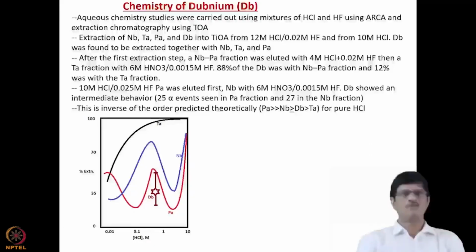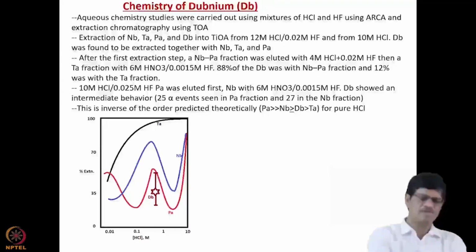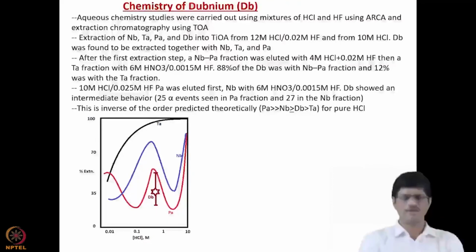That is, around 25 alpha events were seen with the protactinium fraction and 27 with the niobium fraction. So whatever trend is seen from this experiment, it doesn't match what has been theoretically predicted. That means in this case, tantalum has higher extraction, followed by niobium, followed by protactinium, and dubnium is somewhere very close to protactinium.